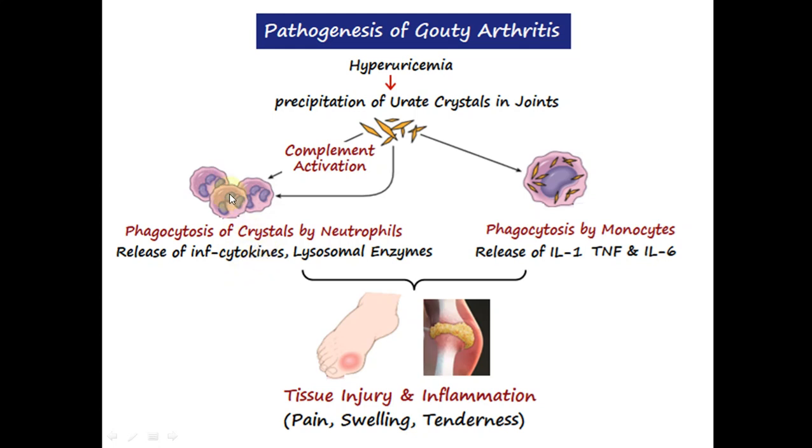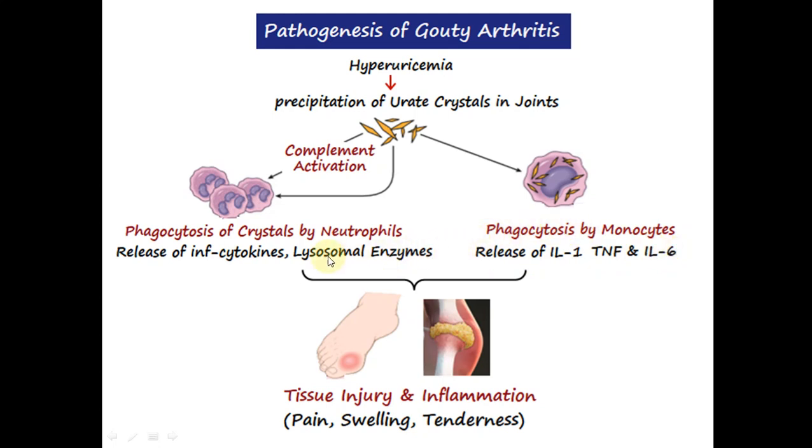And the neutrophils, when they are filled with the urate crystals, burst out and release certain lysosomal enzymes and inflammatory mediators like reactive oxygen species and other cytokines. Similarly, the monocytes, after engulfing the monosodium urate crystals, cause the release of inflammatory cytokines known as interleukin 1, tumor necrosis factor, and interleukin 6.